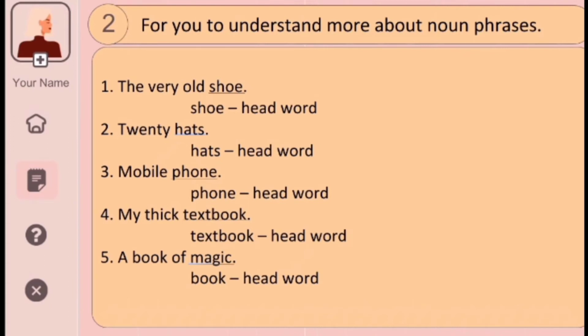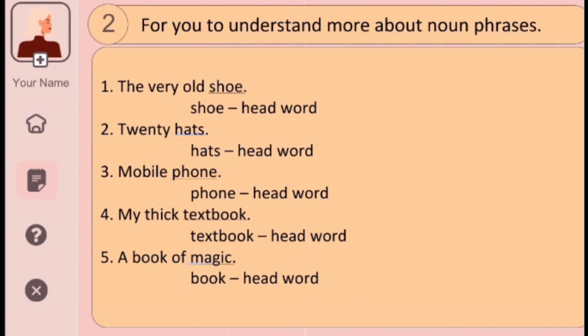Number 3, mobile phone. What type of phone? Mobile is itself a noun, so that means a noun phrase can have two nouns, where one noun is modifying the other. Next, my thick textbook is a noun phrase very similar to the first noun phrase I gave a while ago, which is the very old shoe.